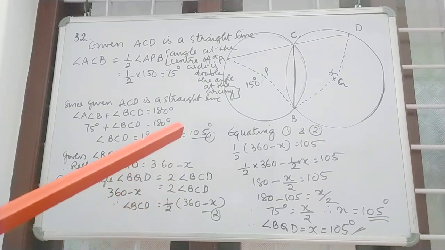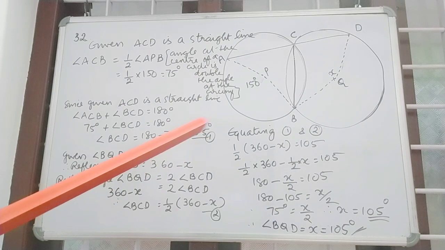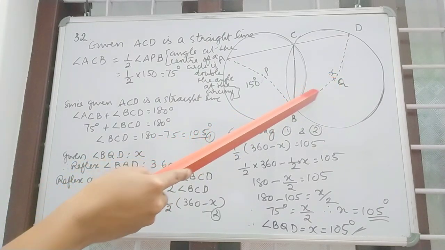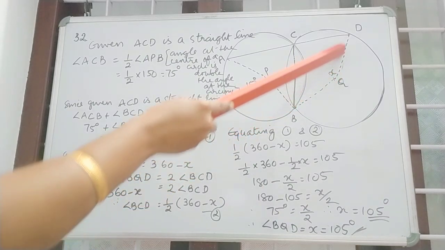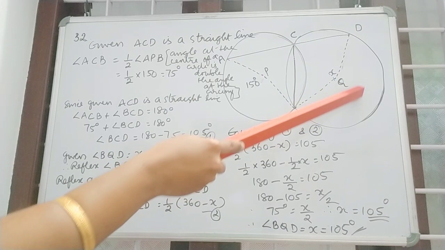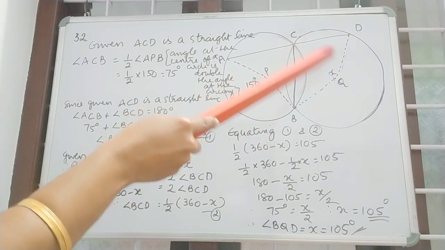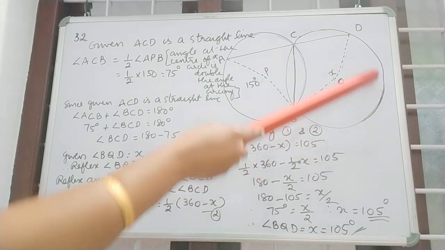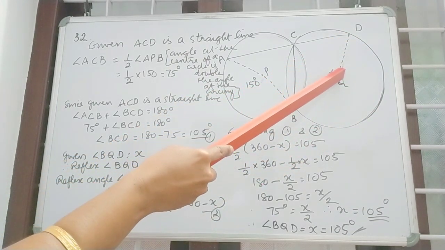Then look at the reflex angle of BQD. BQD is a central angle, and Q is the center.